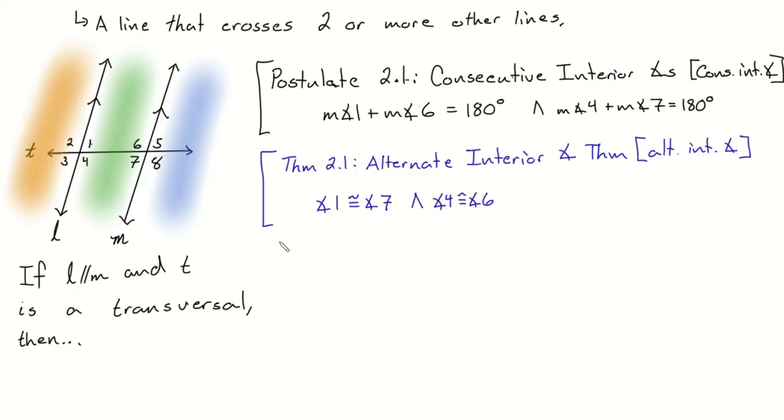We have alternate interiors. Let's also get in theorem 2.2, the corresponding angle theorem. And we're just going to try to blast these out, and then we'll pick which one we want to prove together. Thoughts on how I might shorthand?